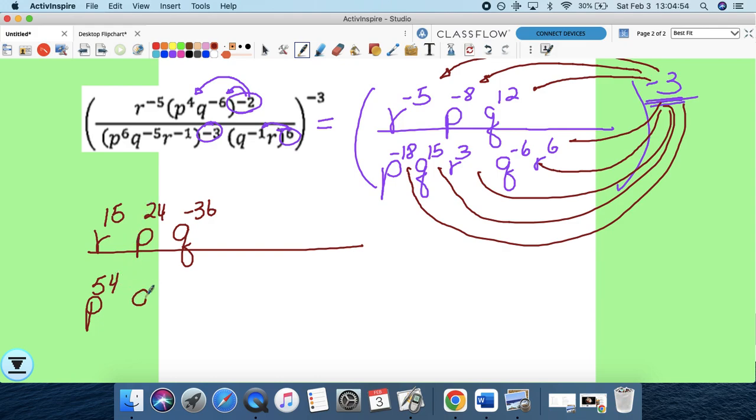Q to the -45. R to the -9. Q to the +18, because -6 and -3 is 18, positive. And then r to the -18. There we go. Now the rest, guys, from here should be relatively very, very easy.